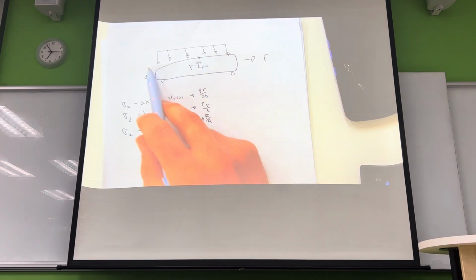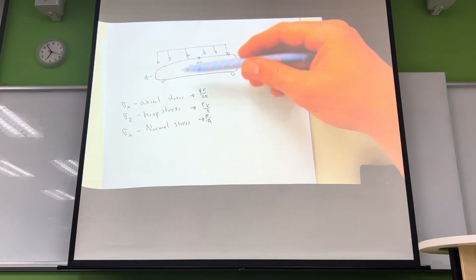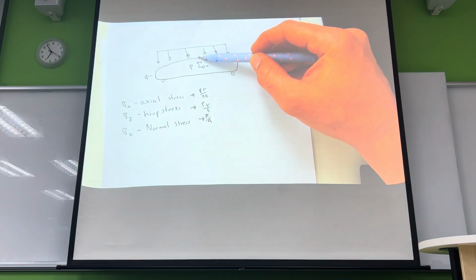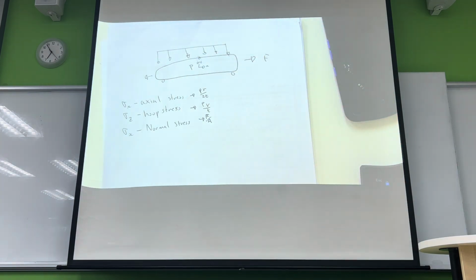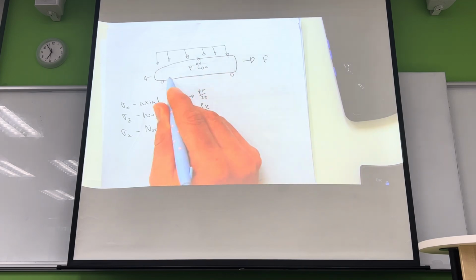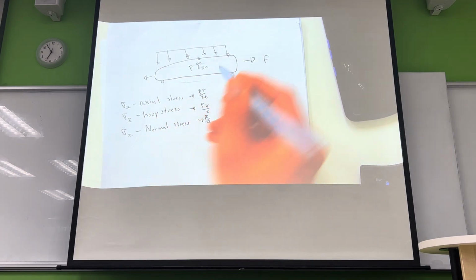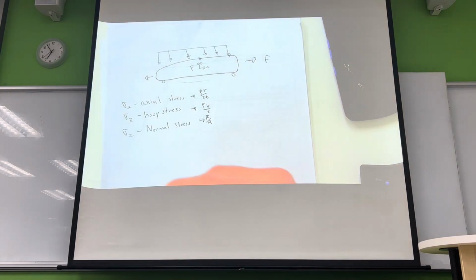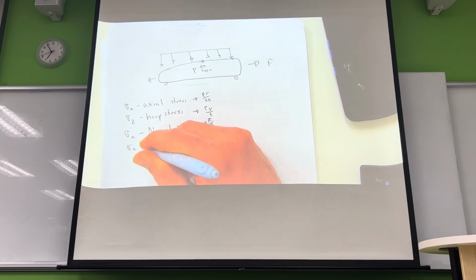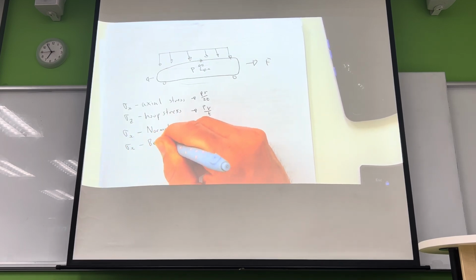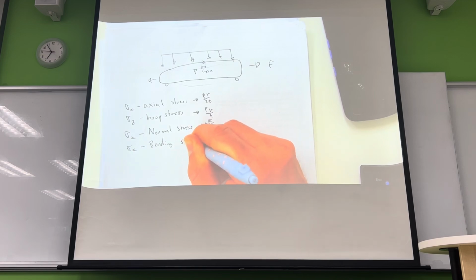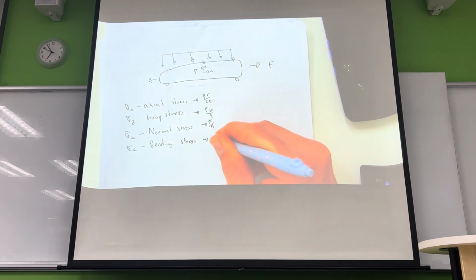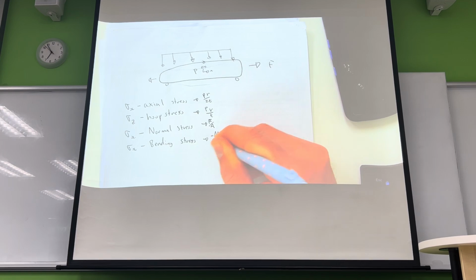If we have this distributed loading on top here, it's going to induce a bending moment at that point. Which direction? So remember when we bend this down, this side's going to go into compression, that side's going to go into tension, and so it's compressing. It's getting shorter in the length of the X direction, and so the stress is in the X direction. So we're going to have another stress in the X, which is going to be due to bending. And that is negative M y on I.